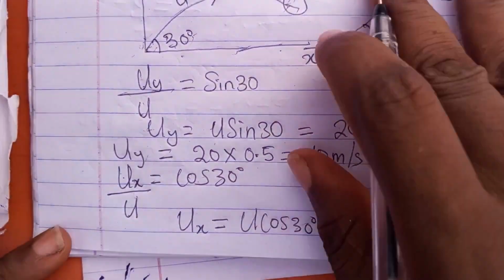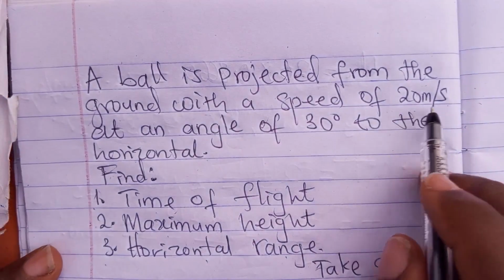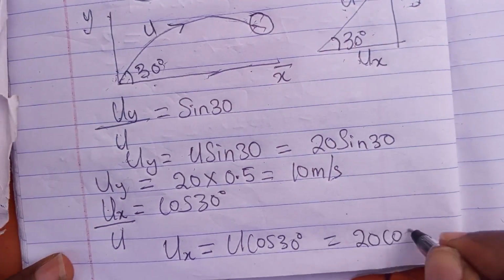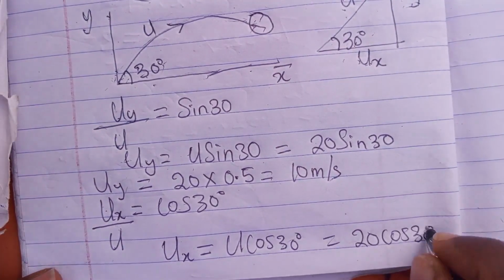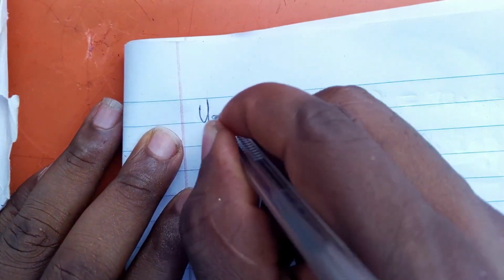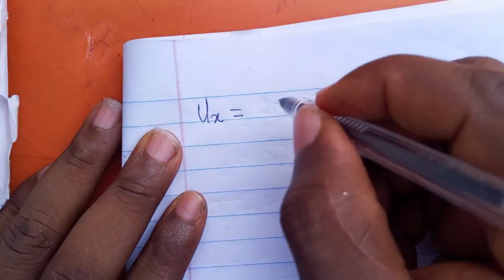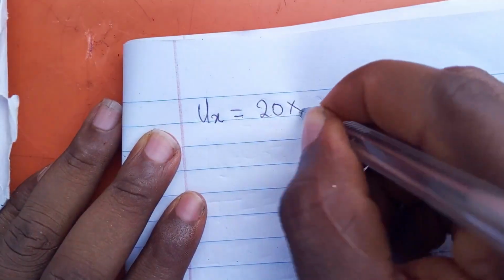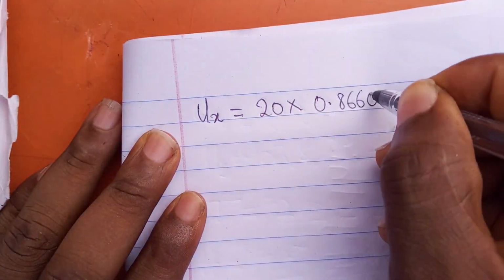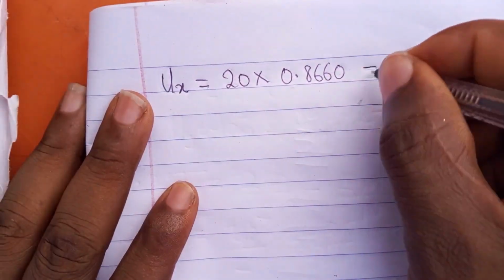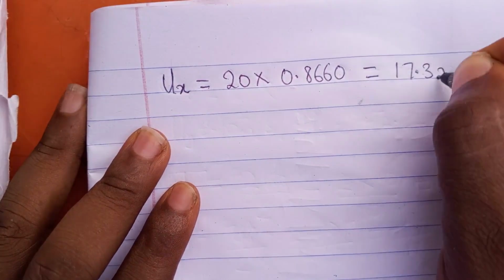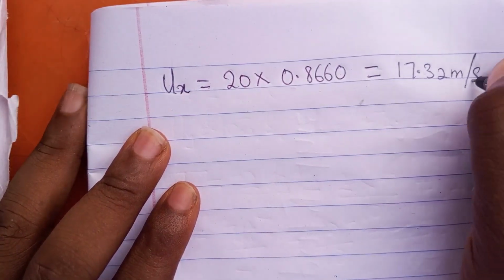Now u from our question is 20 meters per second, so ux equals 20 times cos 30, which is 0.8660 times 20, giving 17.32 meters per second.